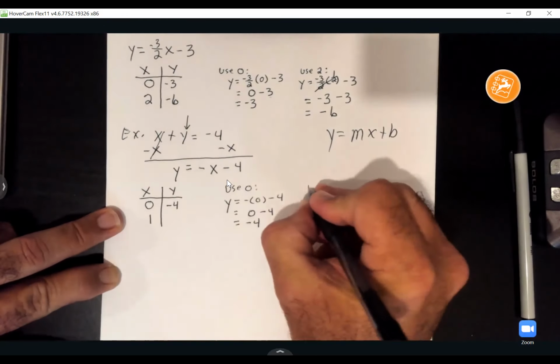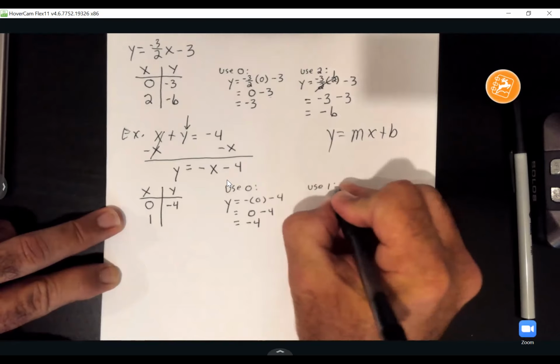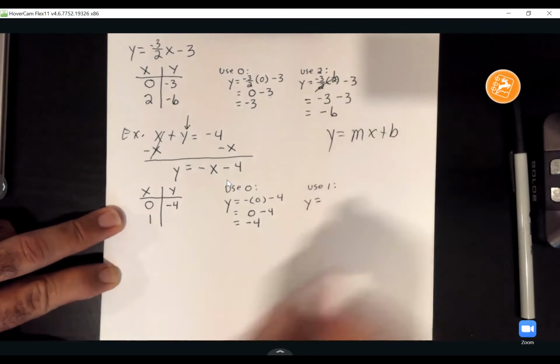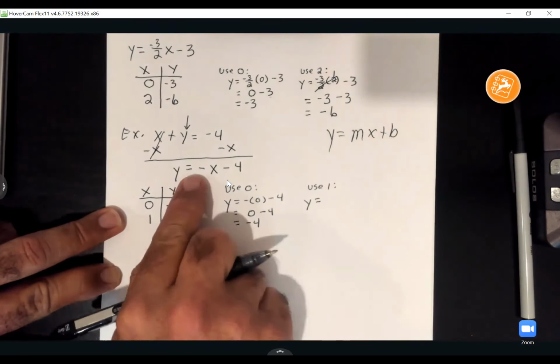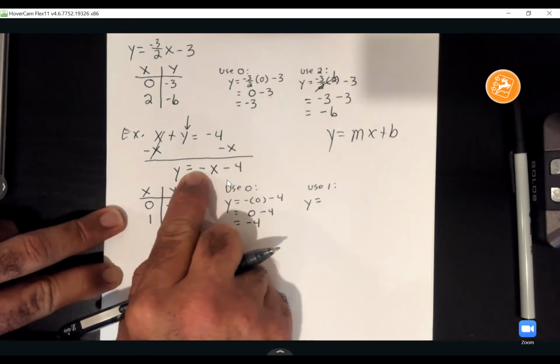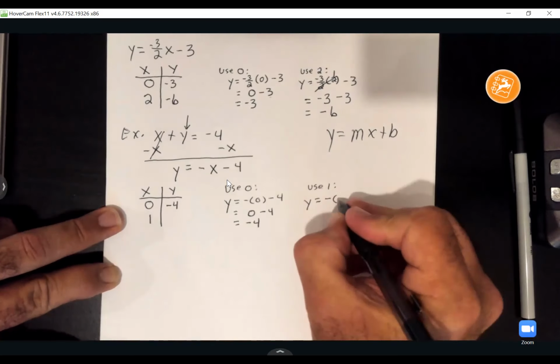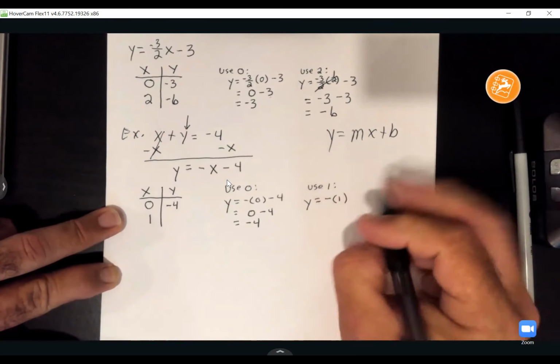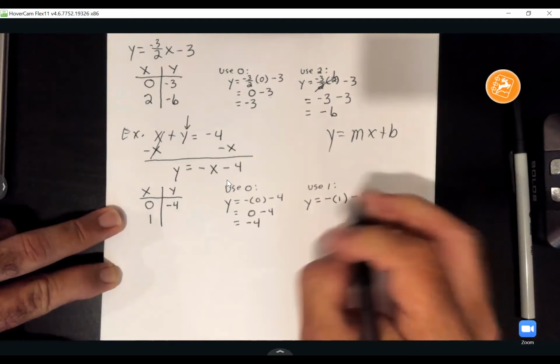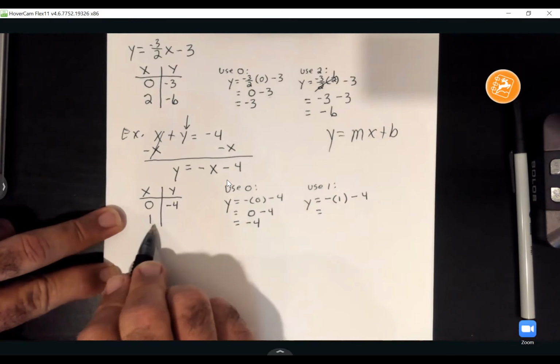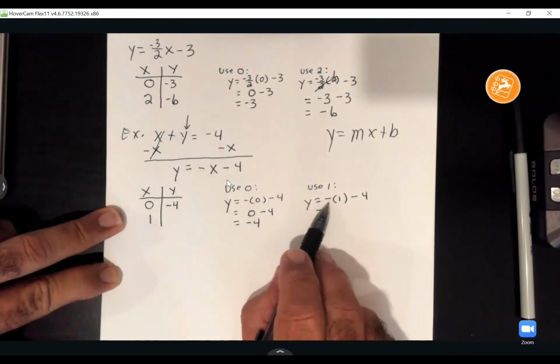Now, let's use a 1. Now, what kills people on this one, that negative, you see that negative is in this formula. So write down that negative and then put in your x, which is 1, and then subtract 4. Just because you're putting in a positive x, that don't get rid of that negative, okay?